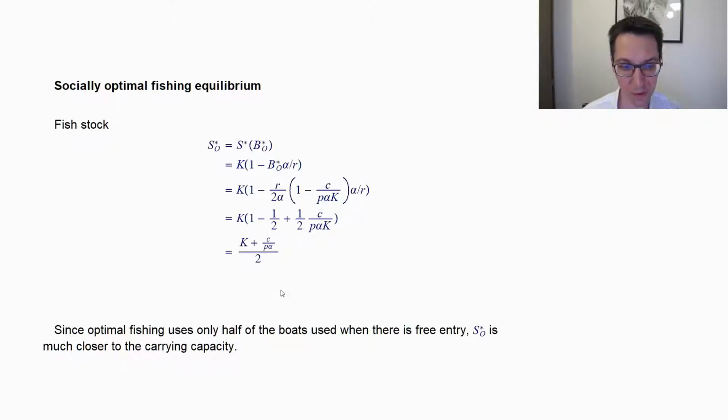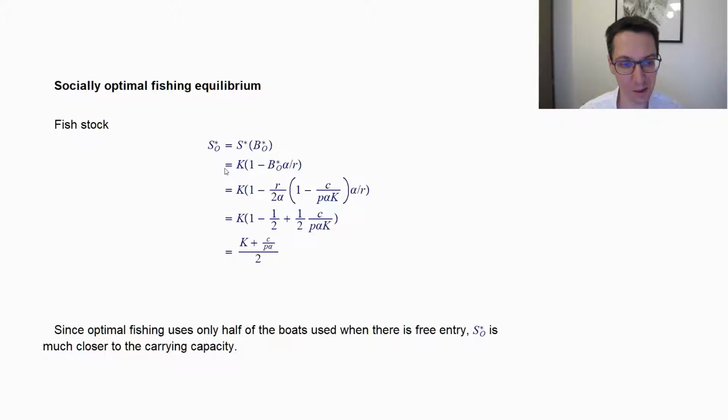So what do we find? Well, contrary to the previous stock, if you remember, the previous stock was simply C divided by P alpha, and was purely a function of the industry and the catching efficiency alpha. So the boats really didn't care all that much about the stock or anything.